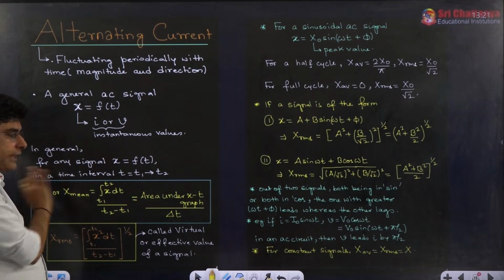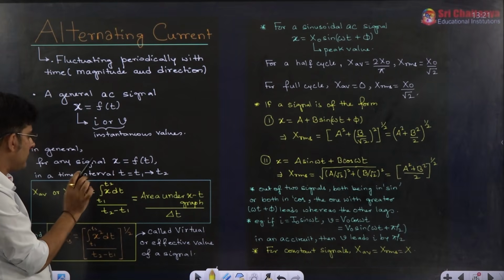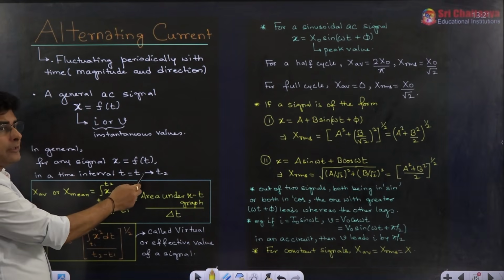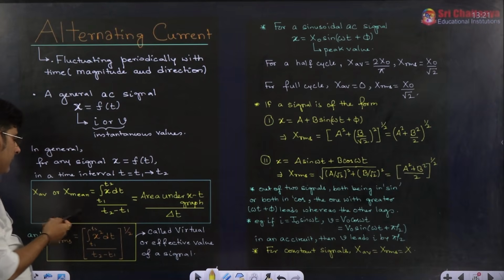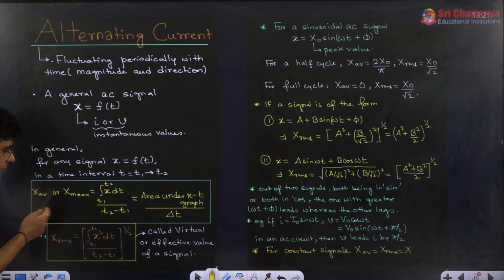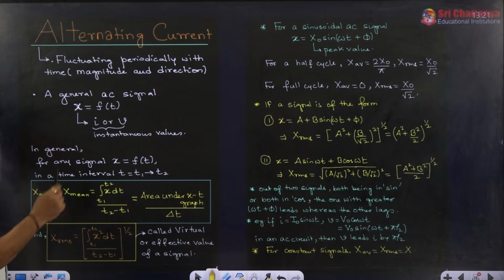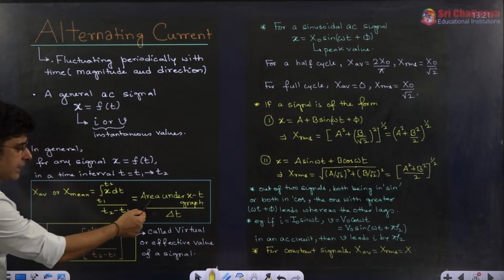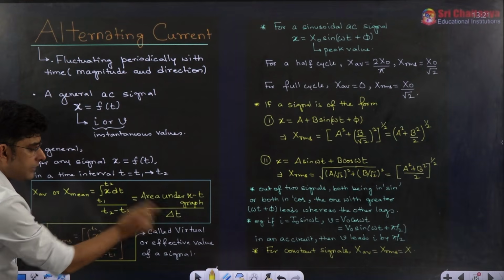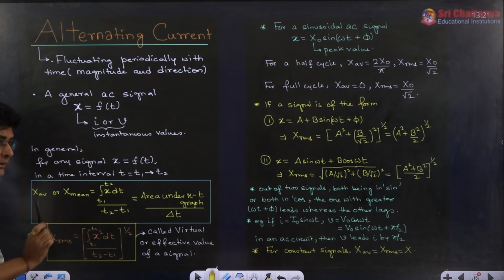Now in general for any signal, if it is X as a function of time, in any interval, if they ask you from T1 to T2, find the RMS and average value. Average value or mean value is defined as: integrate the signal with respect to time and divide by the time interval. If it is a linear graph, then you can directly say area under the x-t graph divided by the time interval. Otherwise you have to integrate.